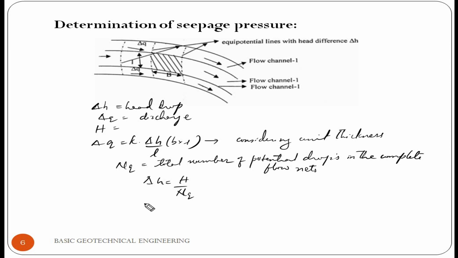Hence, delta Q is equal to K into capital H divided by ND into b by 1.